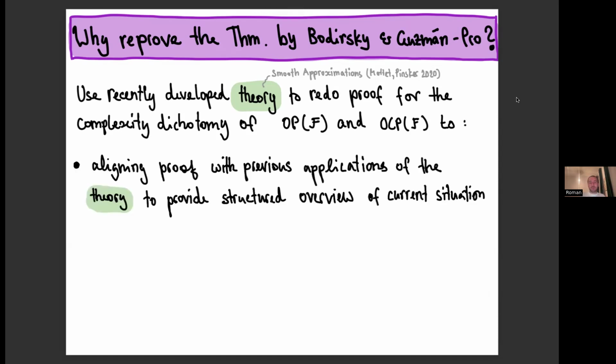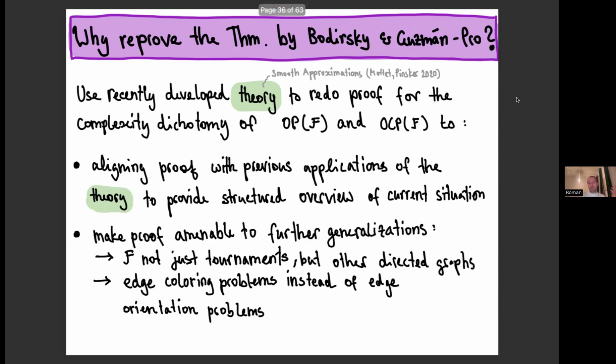And the advantage of reproving the theorem using the smooth approximations would be that it would hopefully align with previous applications of the theory, so that one could maybe see a way how one can tackle this tractability conjecture in the future, see different patterns, but also see what different problems arise.